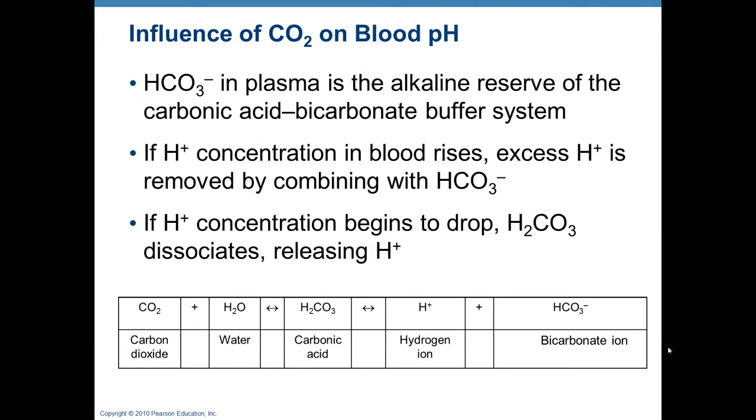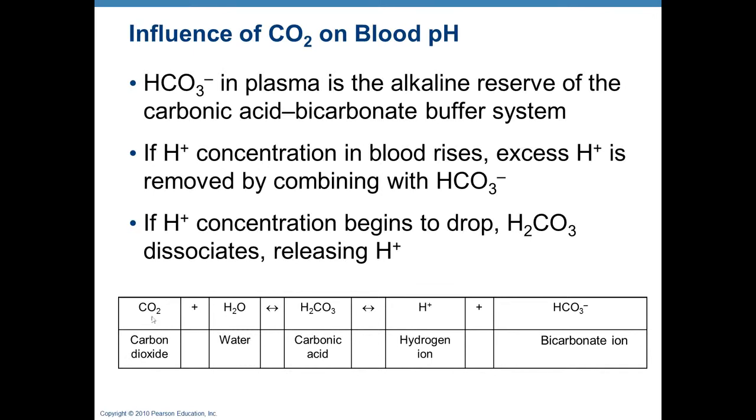This back and forth set of chemical reactions here is key to keeping your body fluid pH in that 7.35 to 7.45 range. The reason for that is, like I said, it's kind of like a seesaw.